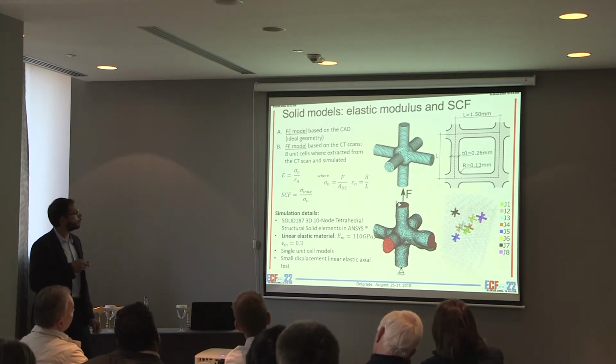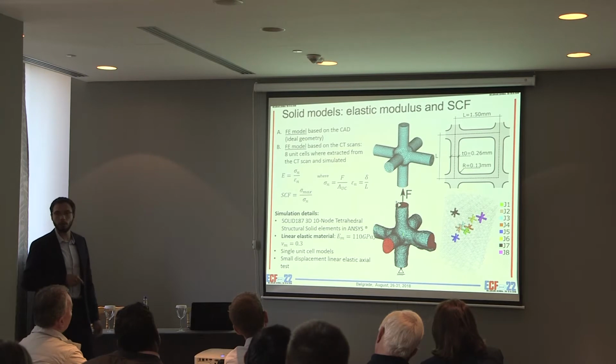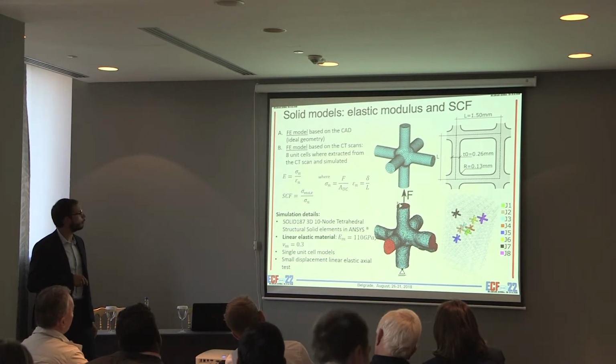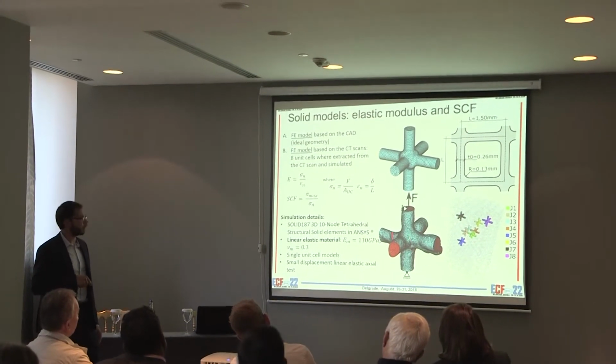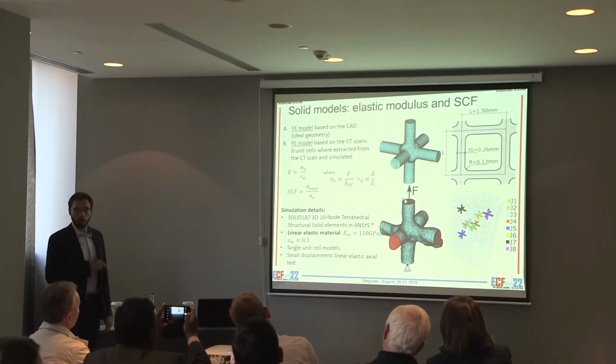Apart from beam models, solid models were also used. In this case, only the unit cells could be modeled due to the computational power required to solve this kind of problem. So 80 junctions were selected from the tomography and meshed with solid elements, and axial loading was applied.